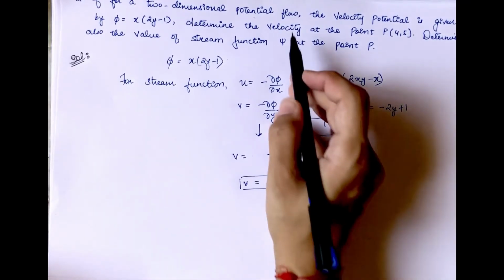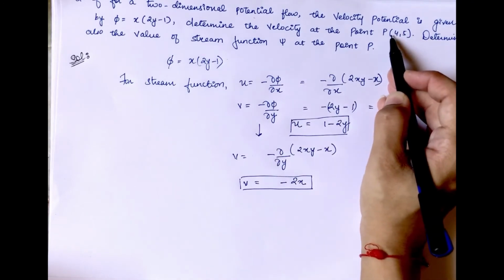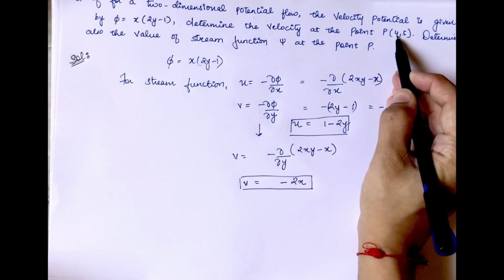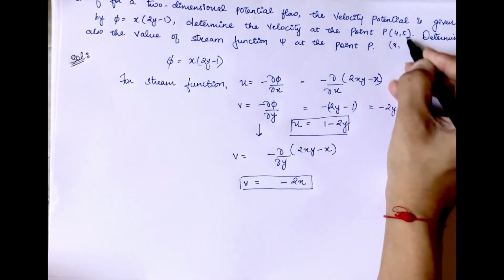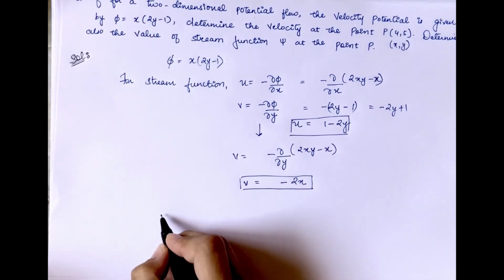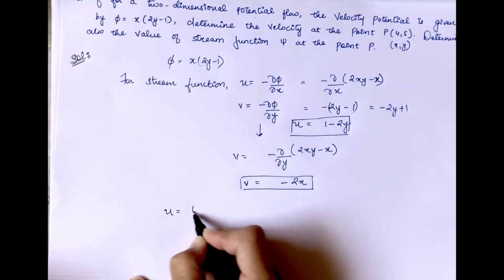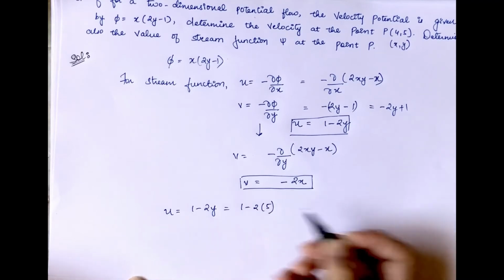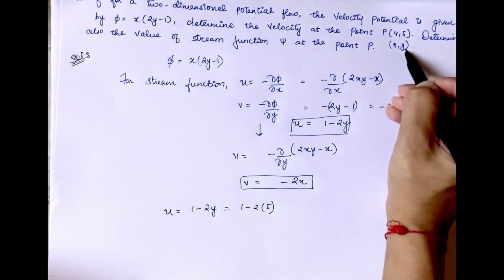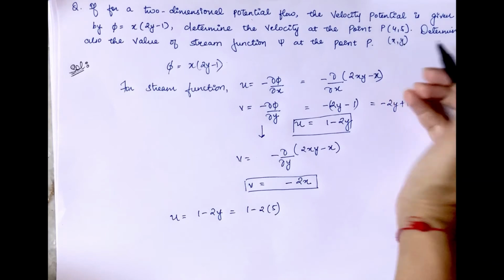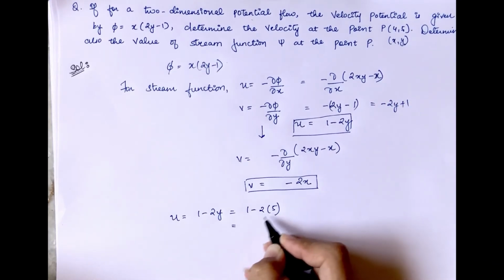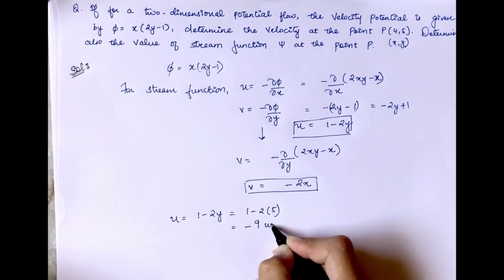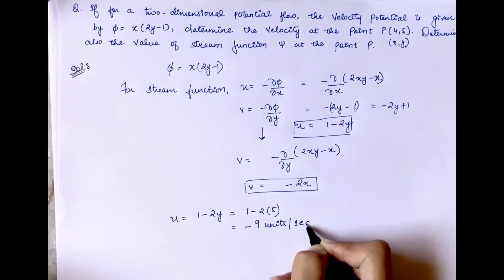Now we need to find out the velocity at the coordinates (4, 5). Substituting the value of 4 as x and 5 as y, we will get u equal to 1 minus 2y, which is 1 minus 2 into 5. It gives us the value of 1 minus 10, that is minus 9 units per second.